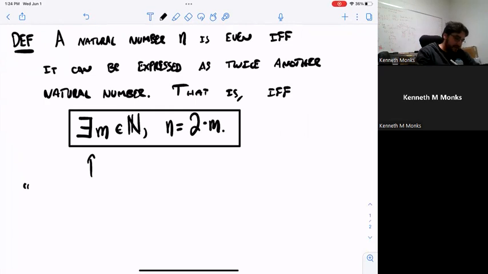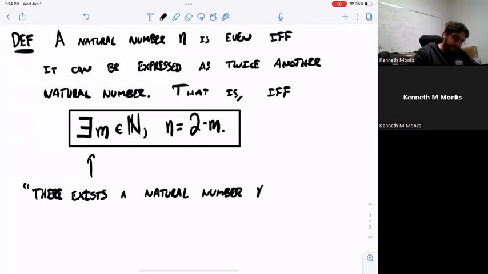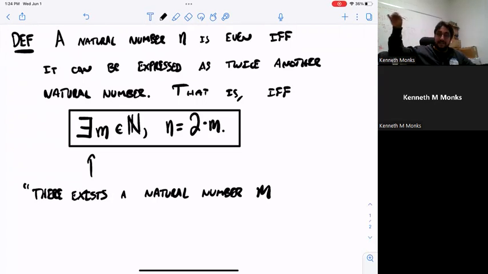So what I just said is there exists, that's the backwards E, there exists a natural number m, right? And then the symbol that looks like an n with the extra spine is saying in the natural numbers, an element of the set of natural numbers, right?